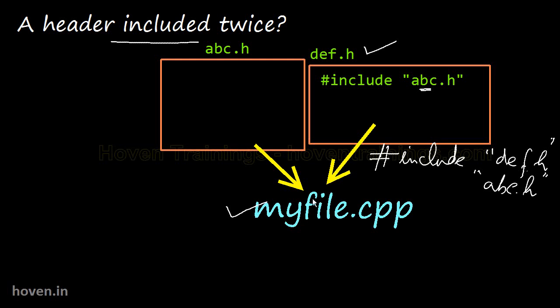Now you can very well see that abc.h gets included twice. Once it is included directly, abc.h, and secondly it gets included through def.h, directly and through def.h also.